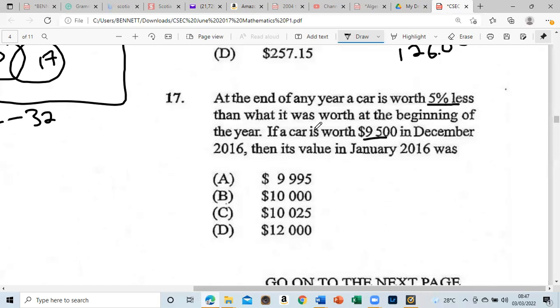So this is after depreciation, right? What it is saying is 95% at the end of the year, because remember it's depreciated by 5%. So this value here represents 95% because the 5% was taken off. We don't know the number, but we know the value now is 9,500.